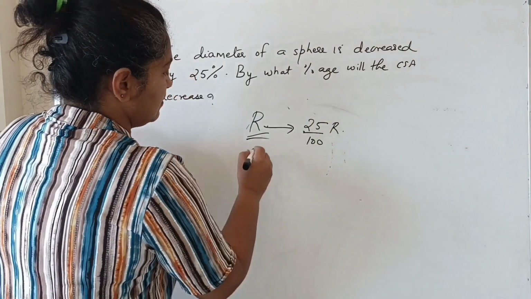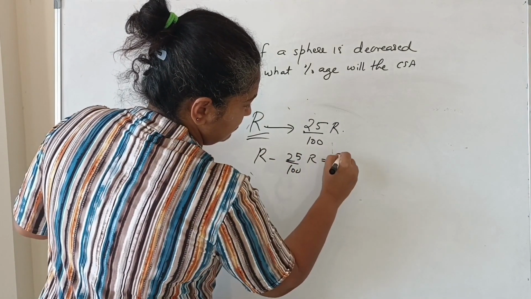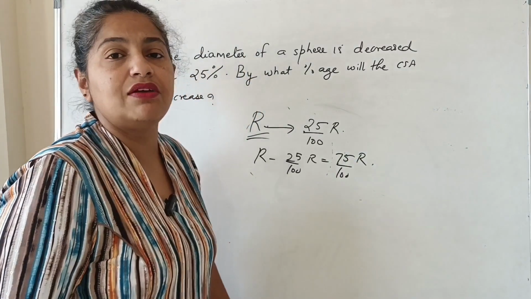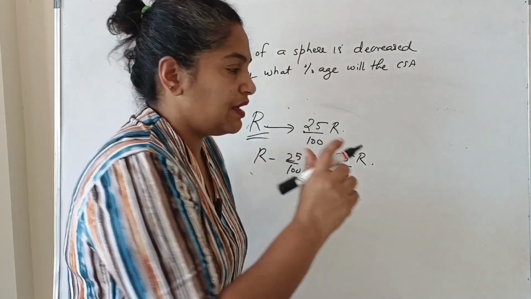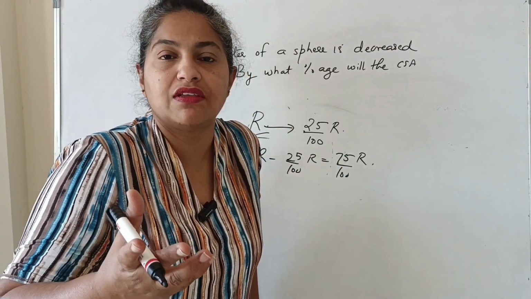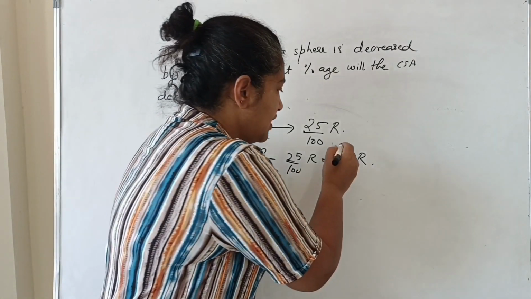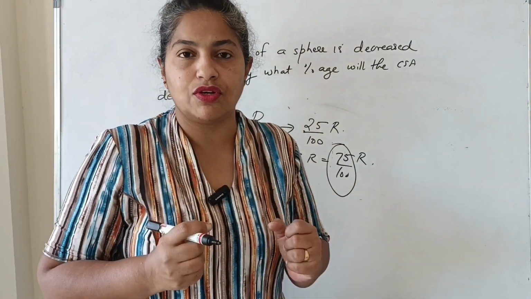What is my new radius? It is 75 by 100 into R. Now, you can write it as 0.75 R if you are okay with decimals. Or what you should do actually is reduce this 75 by 100 into a number that is easy for us.